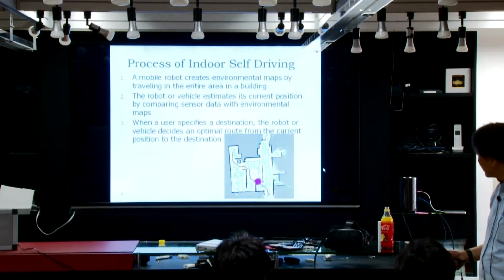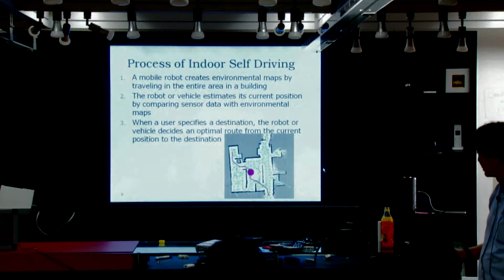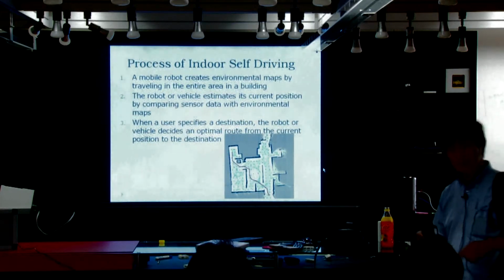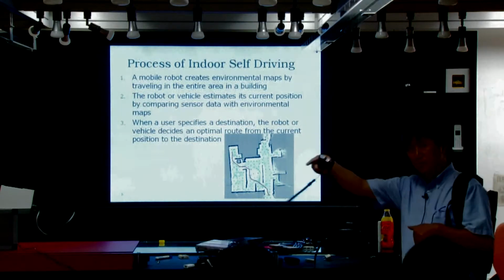This area has some obstacles, so the robot cannot move inside this area, and lines are not placed in this area. But then, connecting the dots, the nodes of the graph, we calculate the distance from the current position to the destination.